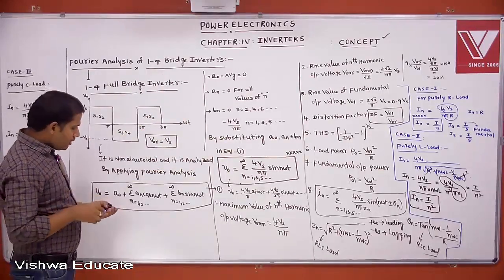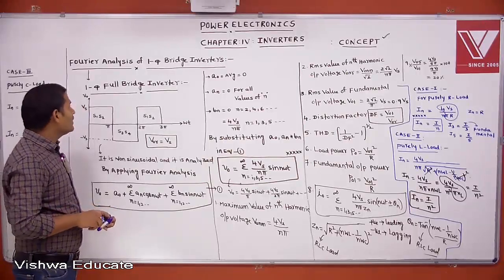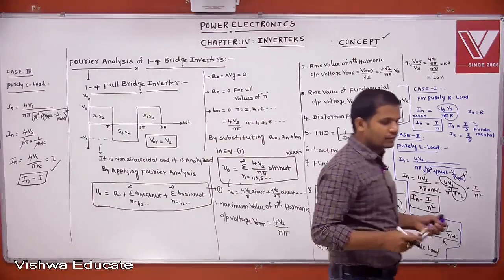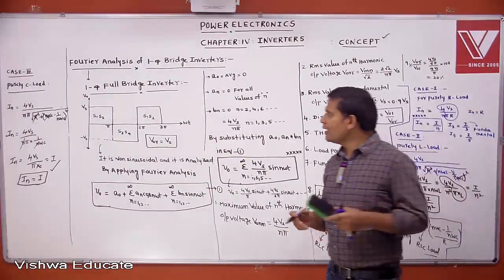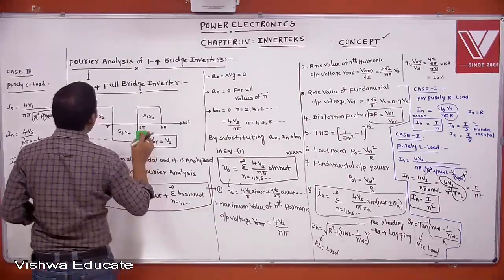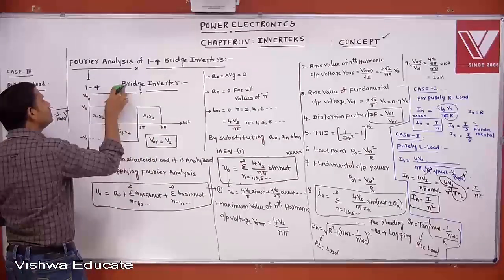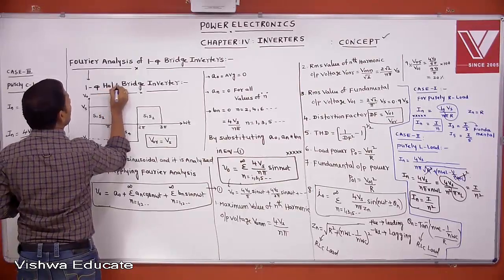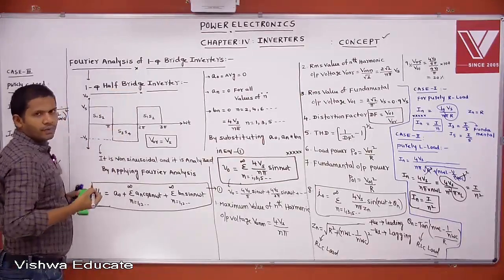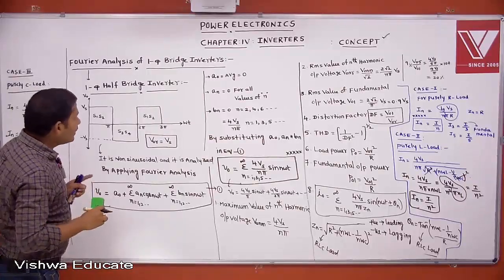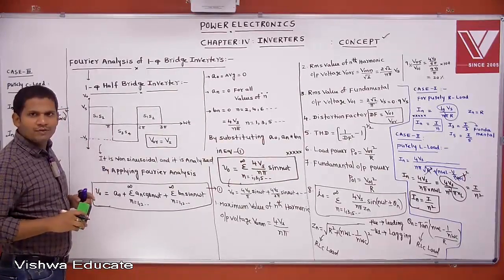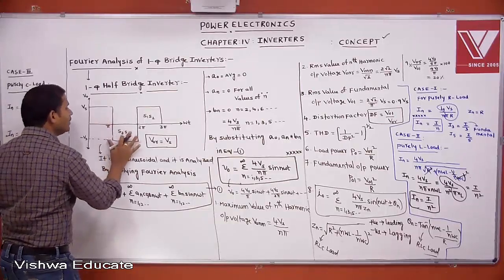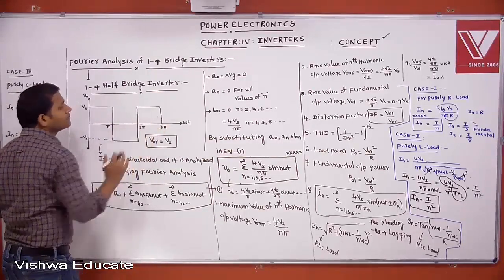Now I want to explain the Fourier analysis of half bridge inverter, that is, the Fourier analysis of single phase half bridge inverter. In the Fourier analysis of single phase half bridge inverter, we know that at a time only one device is conducting.